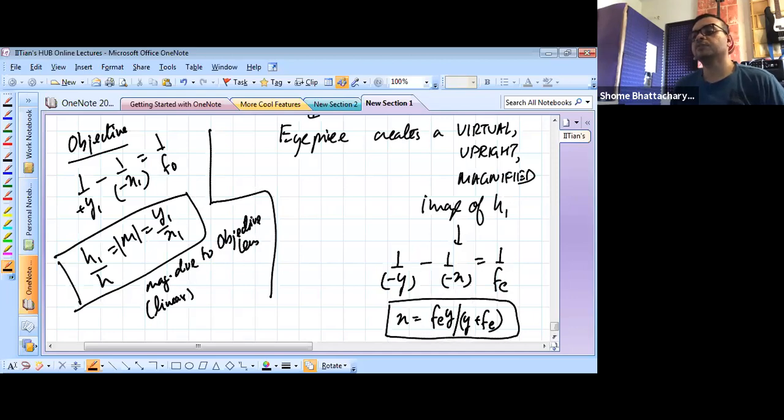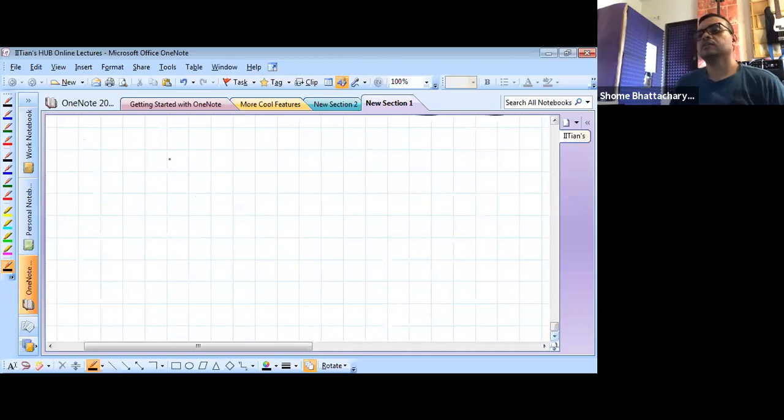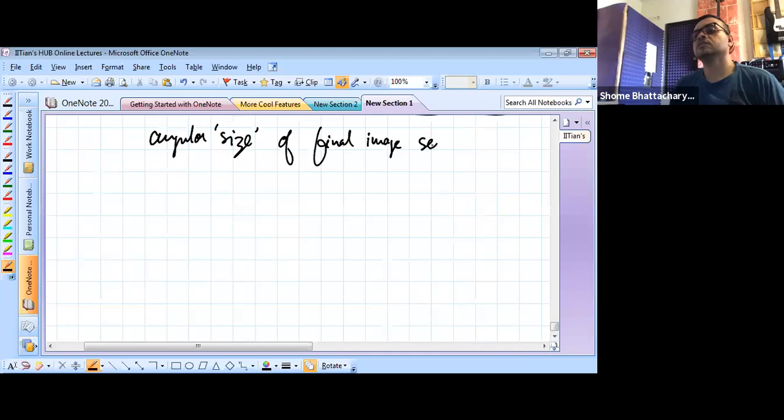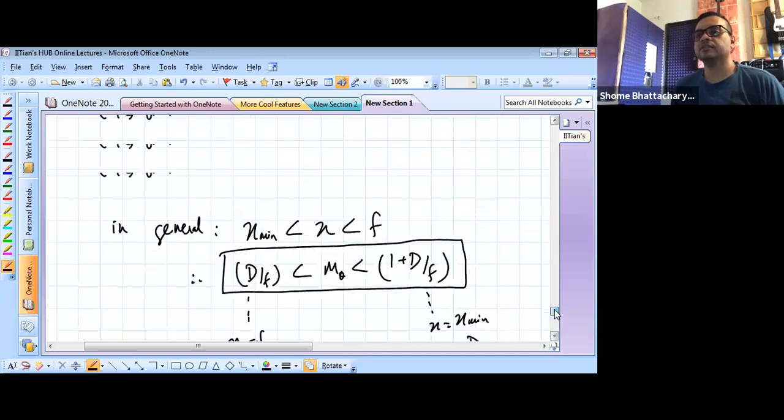Again, if you go back to that above diagram, you'll see that the angular size of the final image seen by the eye, that angular size is basically h2 by y, which is the same thing as h1 by x. Let's go back to the diagram and understand that.